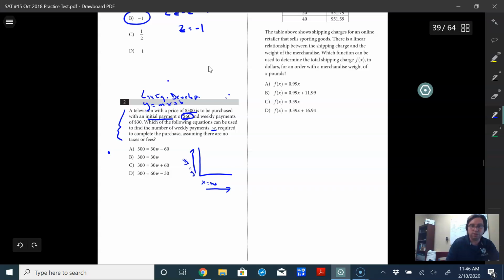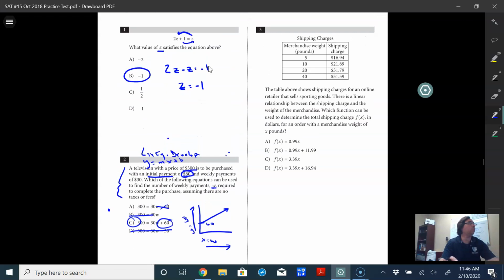So we see that there's an initial payment of $60. So that means B and D are out. And then we're just trying to decide, you see that these things are the same. So is it going to be minus 60 or plus 60? Remember, it's going to get bigger. And we're going to start off with a payment of $60 here. So that means C is the answer choice and A is wrong on this one.